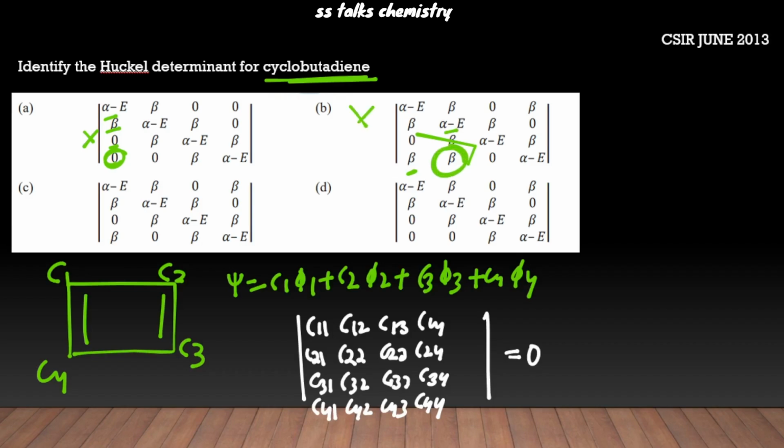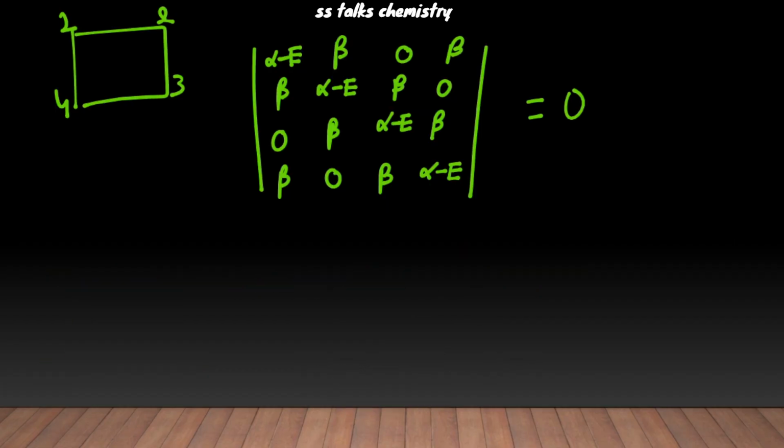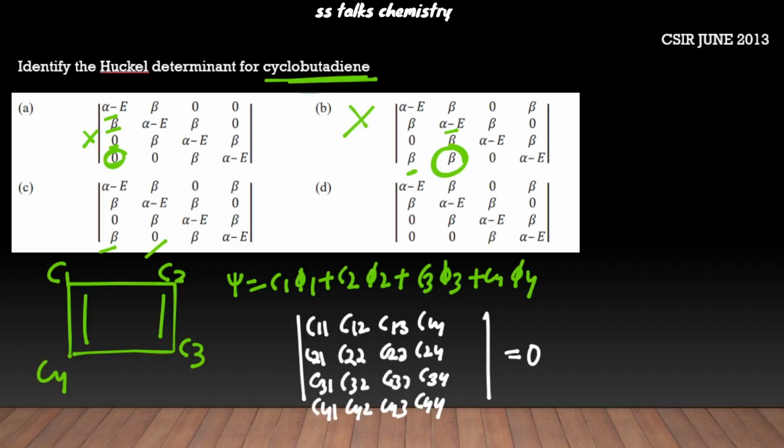Here 0 is not there, so this also becomes incorrect. Next, alpha minus E, beta, 0, beta, the first row is correct. Next, beta, alpha minus E, beta and 0, this is also correct. The third row is 0, beta, alpha minus E and beta.